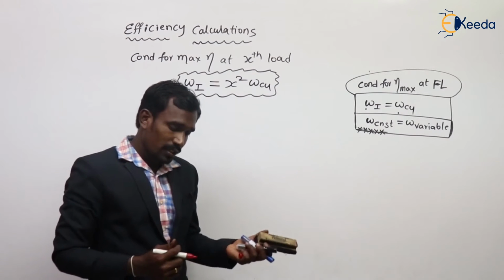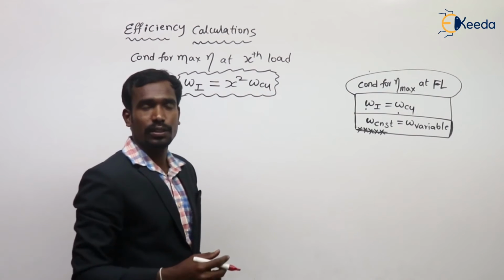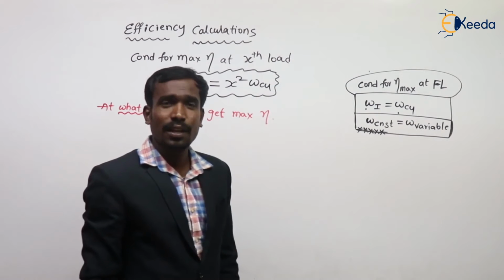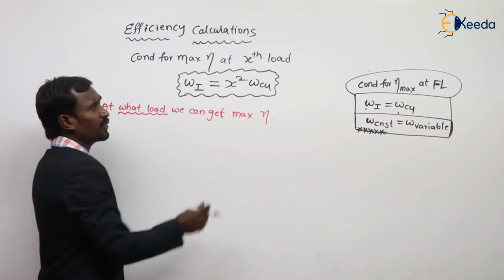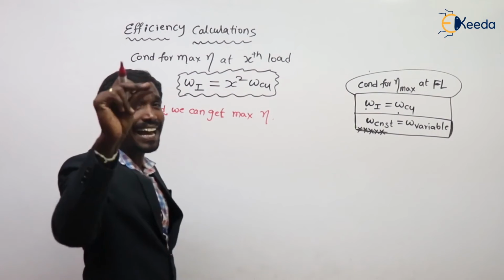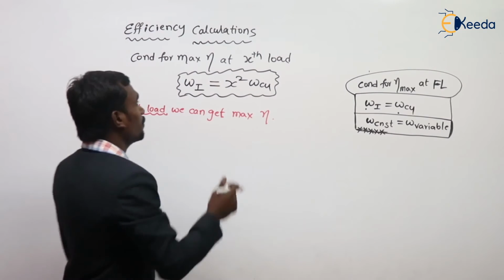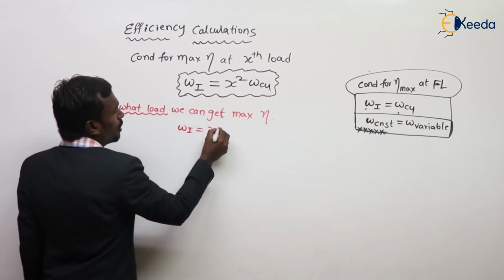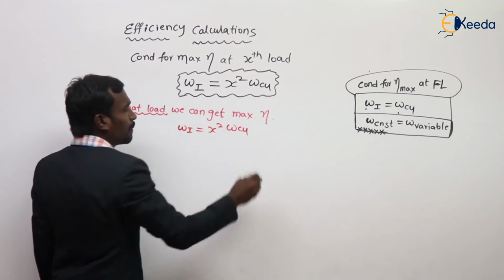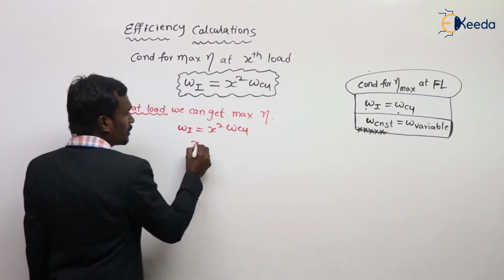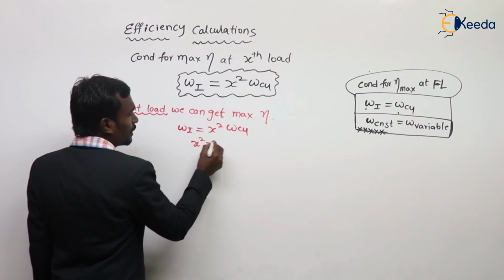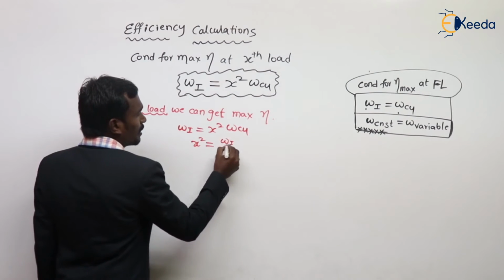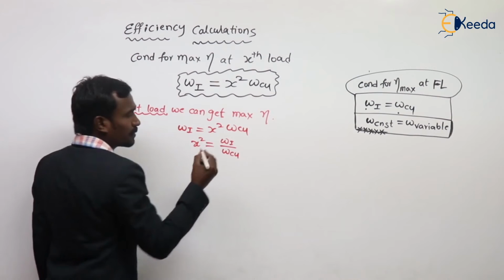Based on this, they are asking very important questions in all competitive exams. At what load can we get maximum efficiency? Nothing but we have to calculate the X value. We know that iron losses is equal to X square times the copper losses. From this, X square is equal to iron losses upon copper losses.